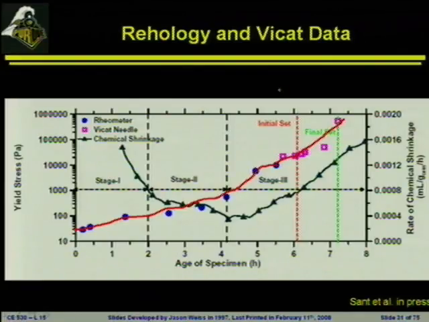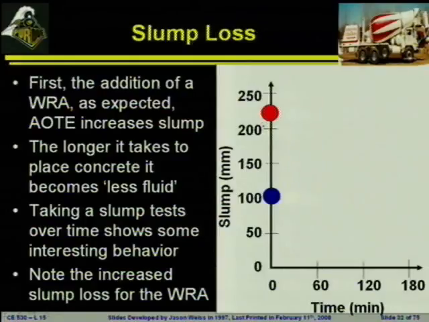The big thing is most of the rheological data we're going to stop before the system really gets close to setting, because we're really trying to measure what's happening in a fluid and we just don't have the capacity in that system. Once we start to get into the Vicat needle test, now we're looking at something that's much, much closer to set and has a higher yield stress, a higher viscosity, because it's getting very close to a solid.